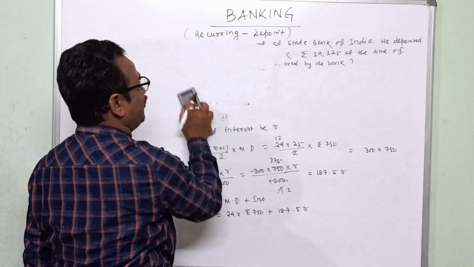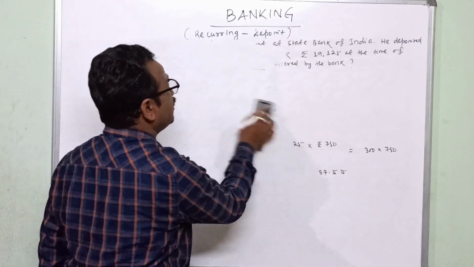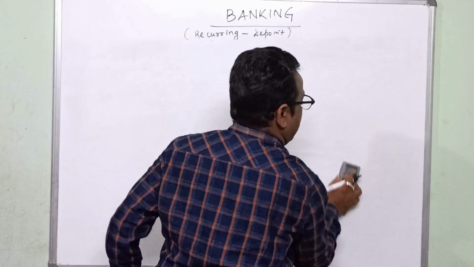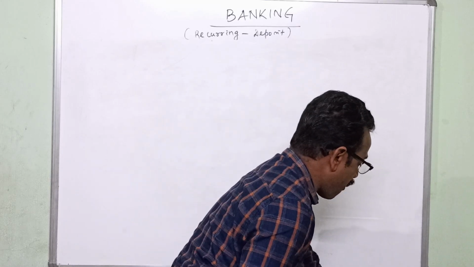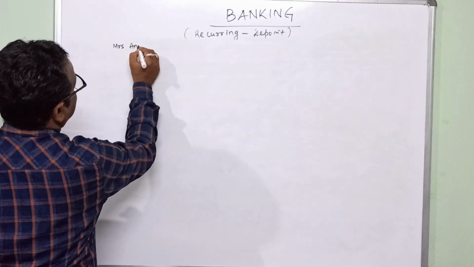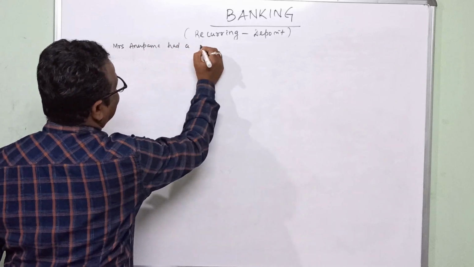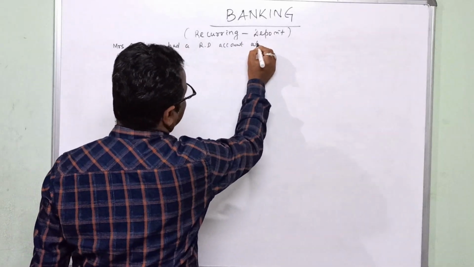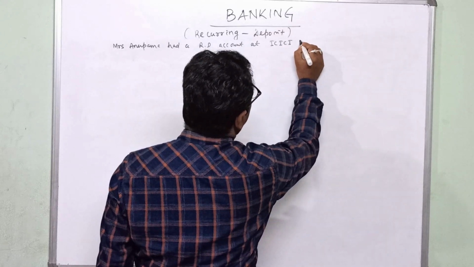So like finding rate percent in monthly deposit, rate percent will be given, maturity value will be given, and your next one is: Anupama had an R.D account at ICSE-X Bank.